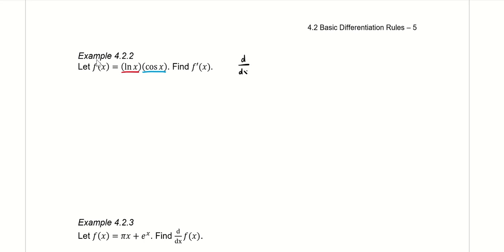So the derivative with respect to x of f of x times g of x is going to be f of x times g prime of x plus f prime of x times g of x. So that's our product rule from page 3.